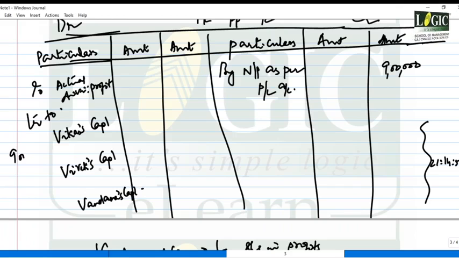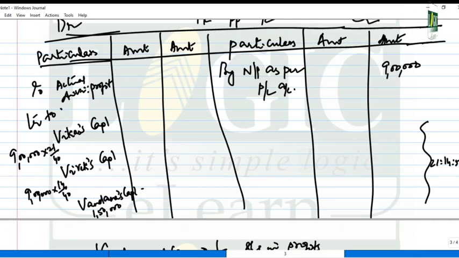So 9 lakh is the total profit, upon which 21 by 40 should go to Vikas. Then 9 lakh is the total profit, upon which 14 by 40 should go to Vivek. And finally, this lady is offered minimum 1,50,000, maximum no condition.